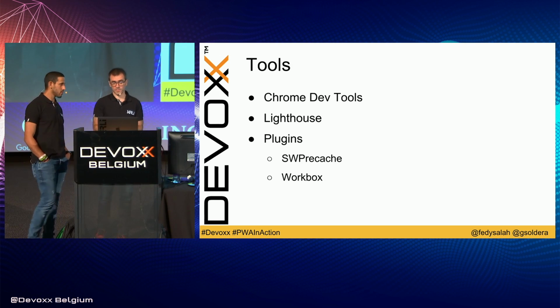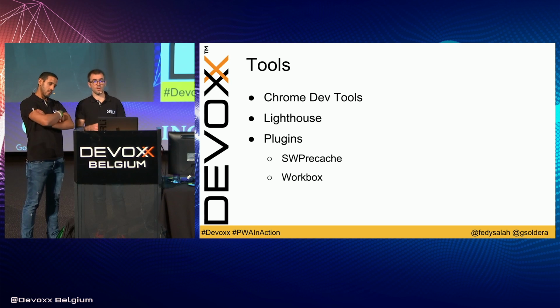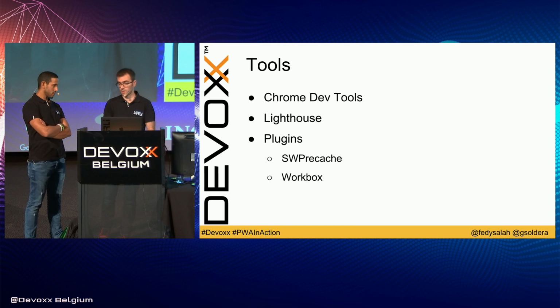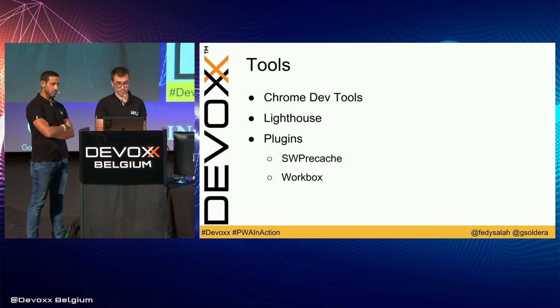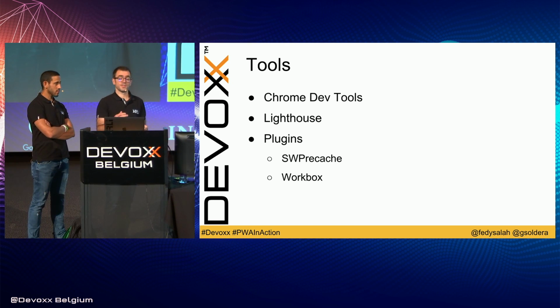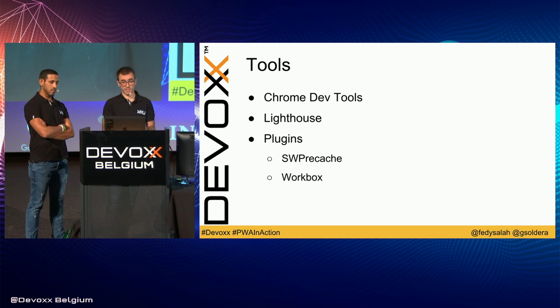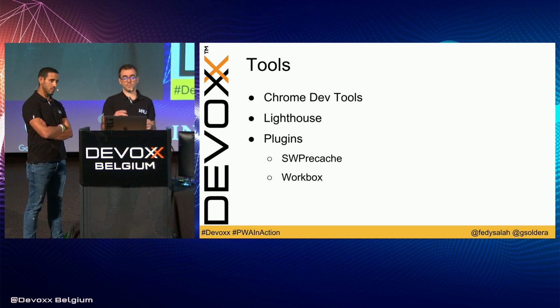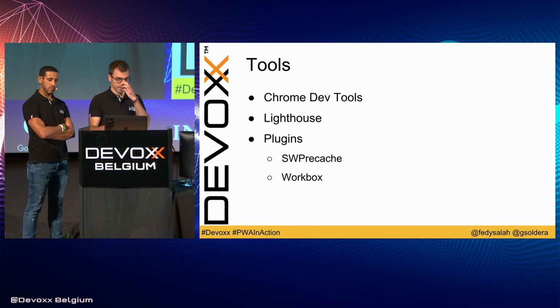In tooling considerations, we have seen the Chrome Dev tools. It's very useful and mandatory. You can use it to see the service worker state, the store state, and you can use it to plug in an Android device and remote debug on it.